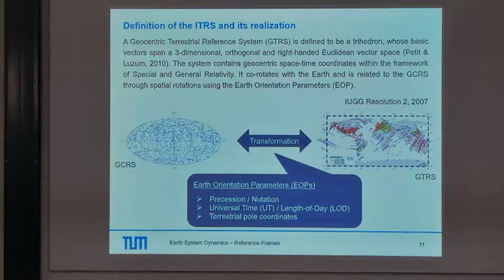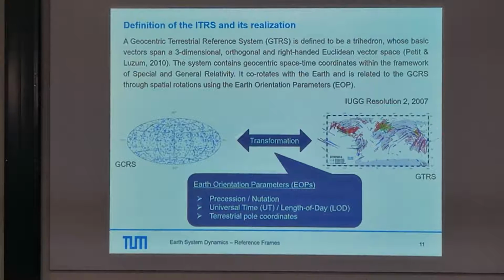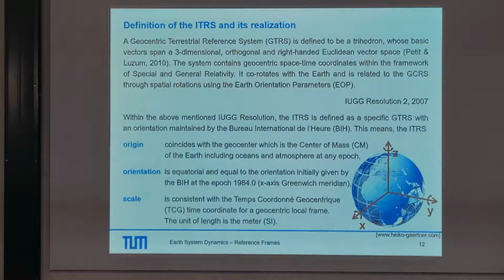We will have a closer look at the EOP in the next lecture, I think. So, not too much information on this here, but simply they describe the transformation or the relation between these two reference systems.